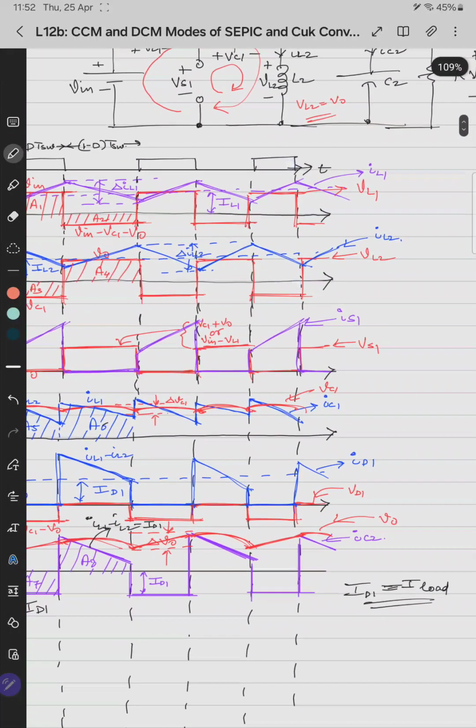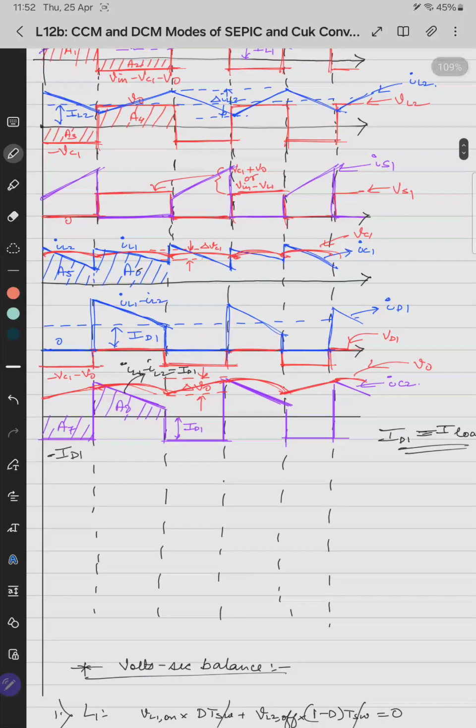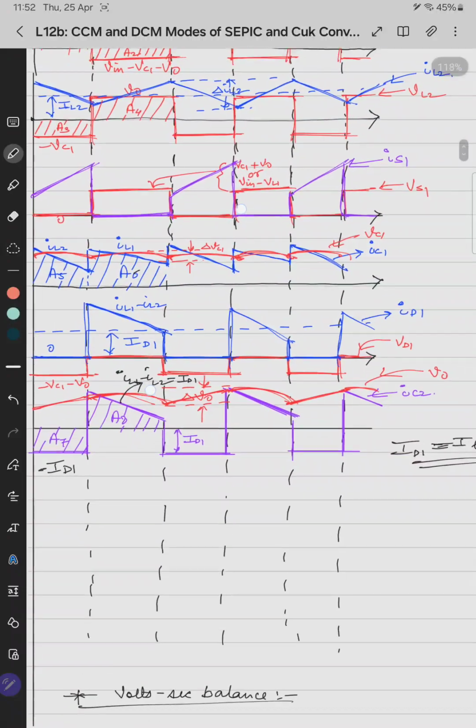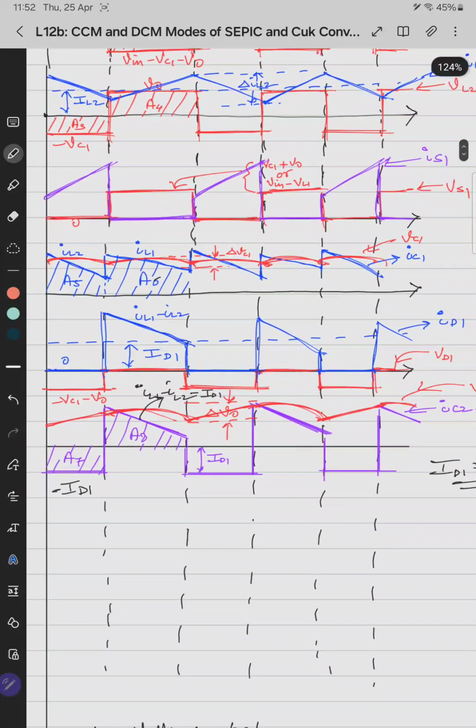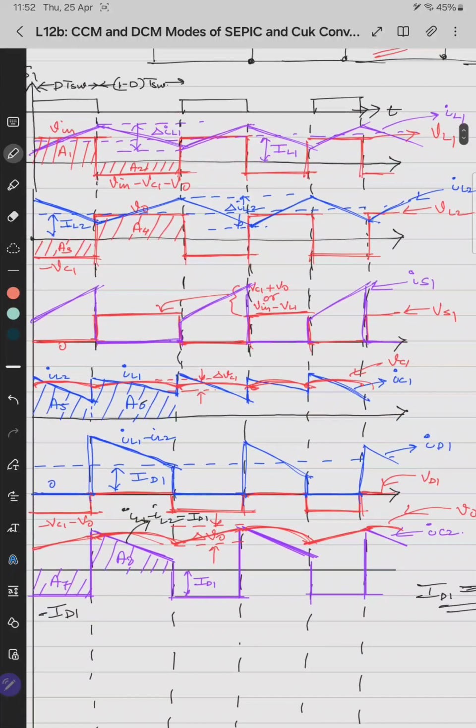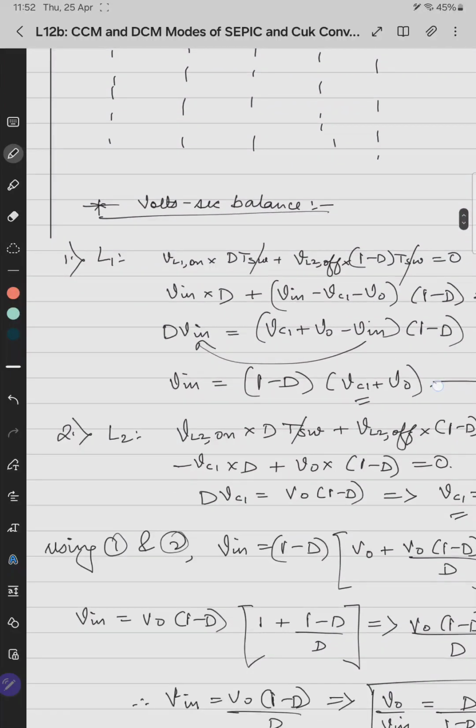IL2 has to be negative, then only the area will come down. So even if both the areas are positive, we'll get a negative sign there. If we redo the analysis by reversing the direction of IL2, everything will go correct. So that is not the worry. Here only the IL2 direction we have to reverse because it is negative.